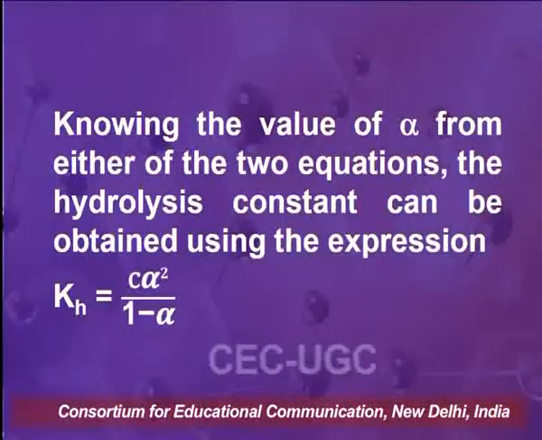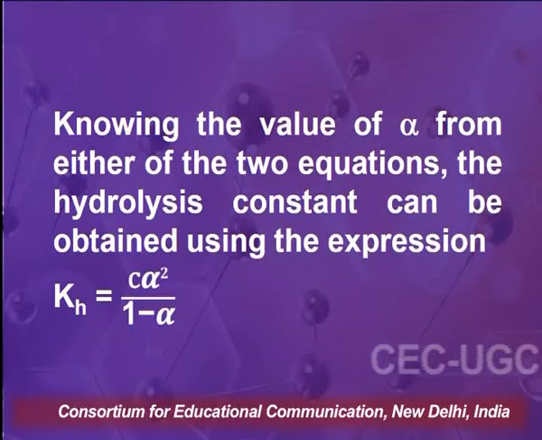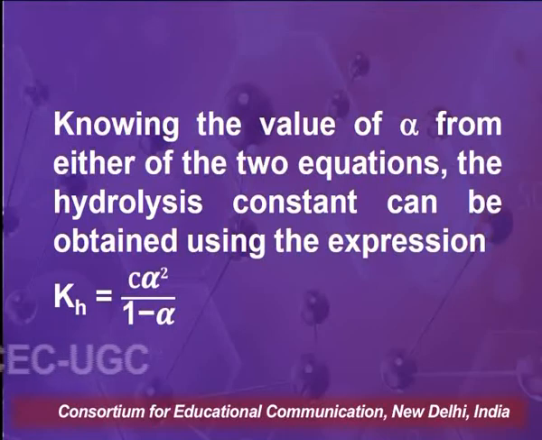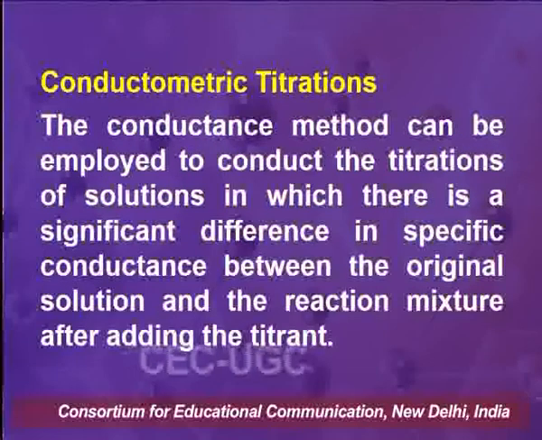Knowing the value of alpha from either of the two equations, the hydrolysis constant can be obtained using the expression Kh is equal to C alpha square by 1 minus alpha.